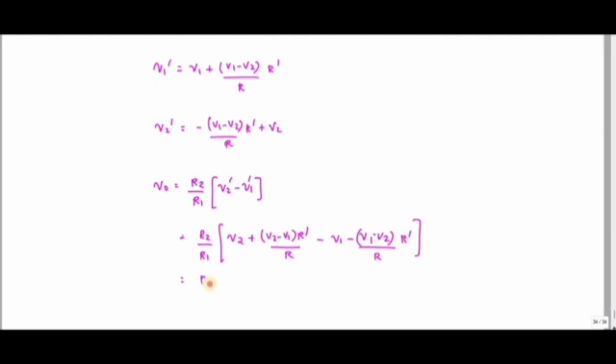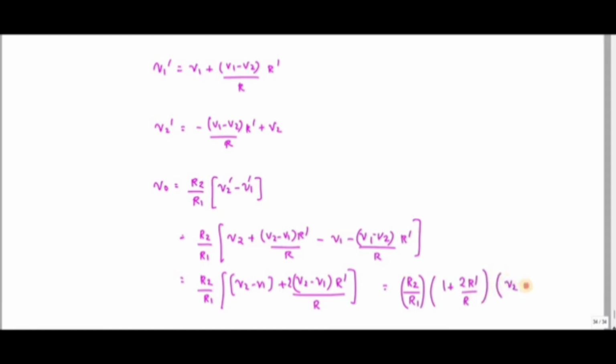So this I can write as R2 by R1 into (V2 minus V1), right, plus (V2 minus V1) times 2 R dash by R, right. So this I can further reduce as 2 R dash by R. This is your final equation.